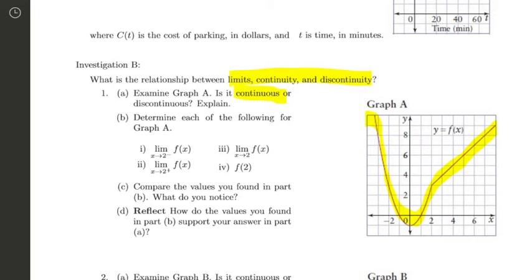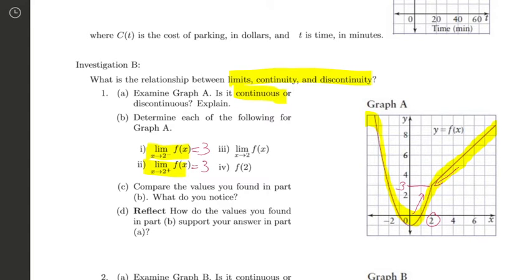In part B, determine each of the following for graph A. Can we find the limit as x approaches 2 to the left of f of x? The limit as we approach 2 from the left side is going to be a y value of 3. If I look at the limit as x approaches 2 from the right side, that limit is also approaching 3.